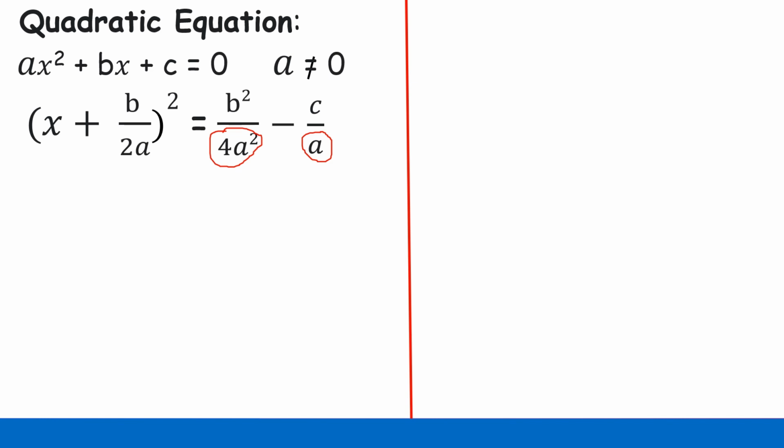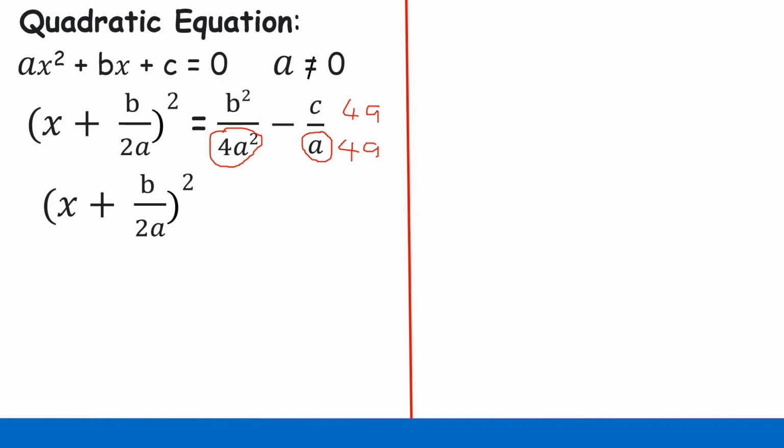For us to have the same common denominator, we can multiply the c over a with a 4a at the bottom and a 4a at the top. So by the time we have 4a at the bottom multiplying a, we now have 4a squared. So let's see how this goes.